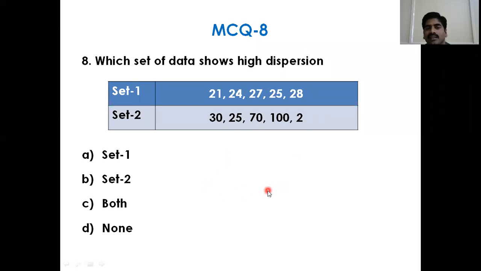Not only the answer, you have to explain why you choose a particular option. Don't write only a particular option, you have to write the description of why you choose that option.